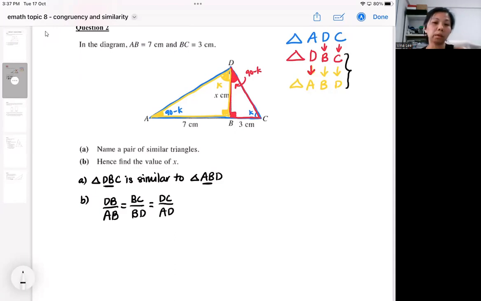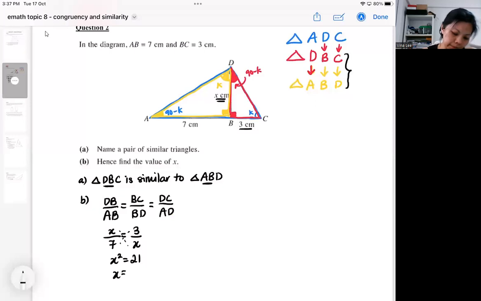So you write out the ratio according to the stated pair first. Okay, so DB is the one that is X, AB is 7, BC is 3, and BD is X again. So actually here is already sufficient for you to find your X. So this is the correct answer.